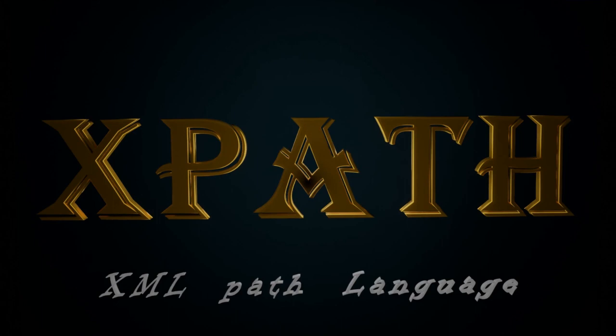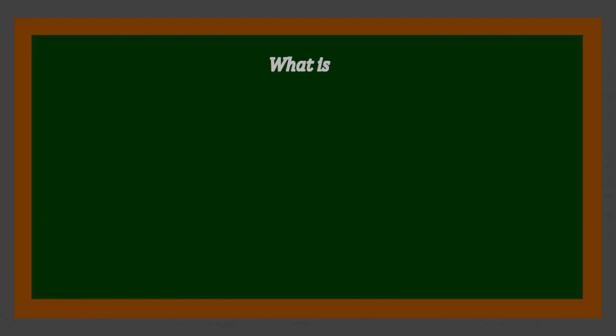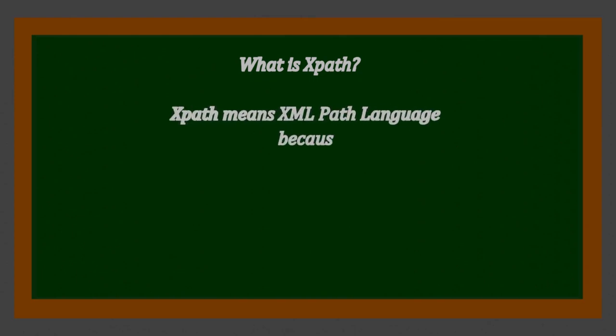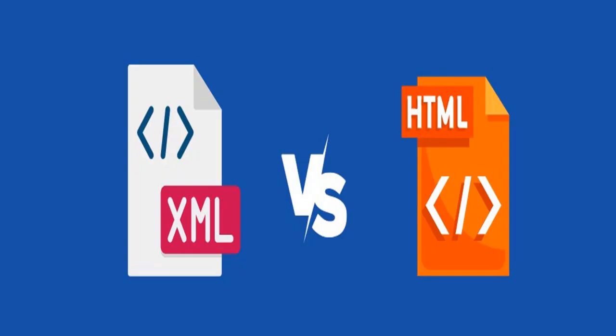So XPath means XML path, means it has a path-like syntax. That's why the name XPath has come. Now before going into XPath, let's understand what is XML. XML means extensible markup language. So initially the web page has been created mostly using HTML, hypertext markup language.